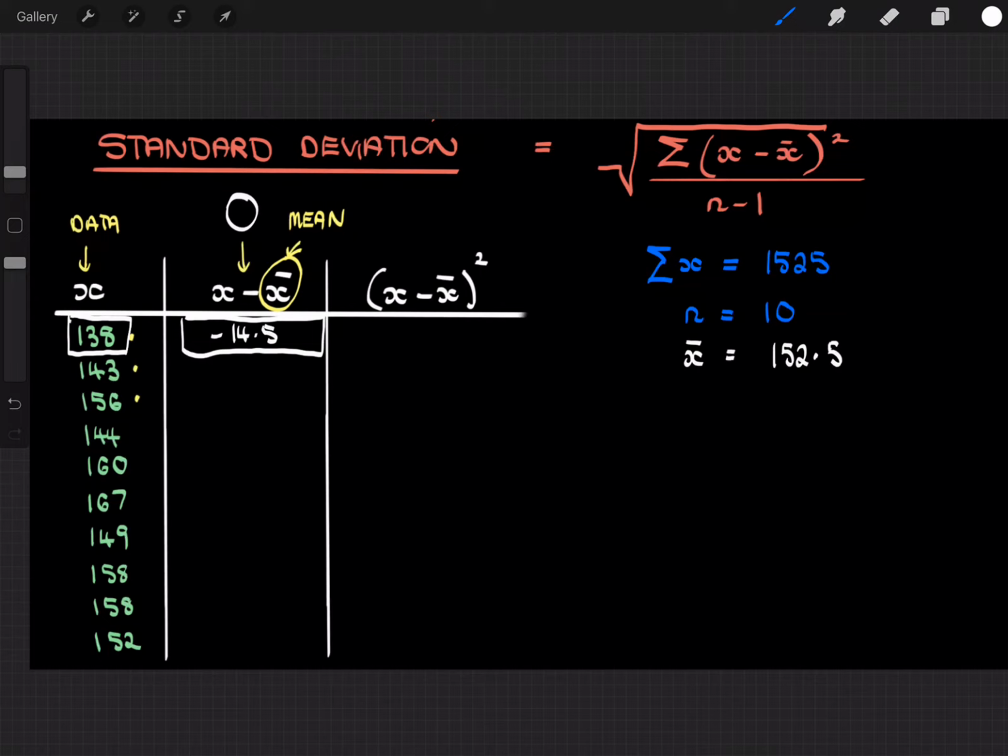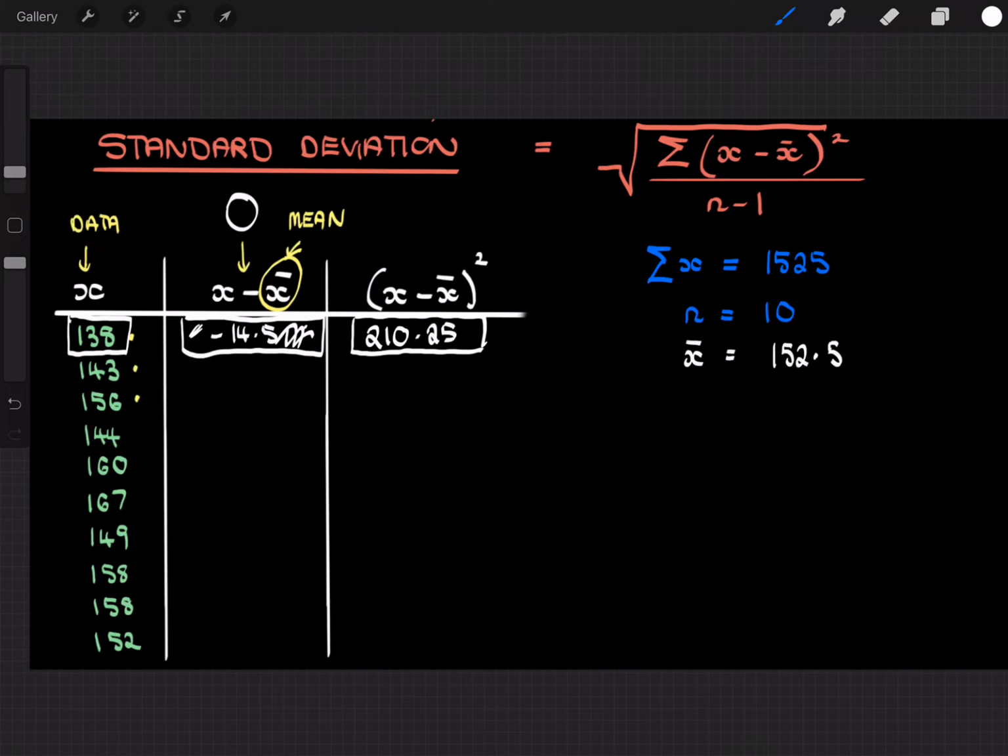The next column over here is asking us to take the number we worked out in here and square it. In other words, take x minus x dash, which is what we worked out here, and square it. You can drop the negative sign because a negative times a negative is positive anyway. So 14.5 squared is equal to 210.25.